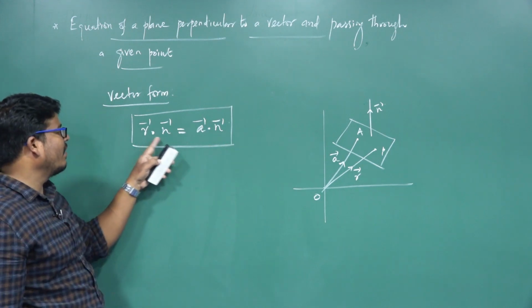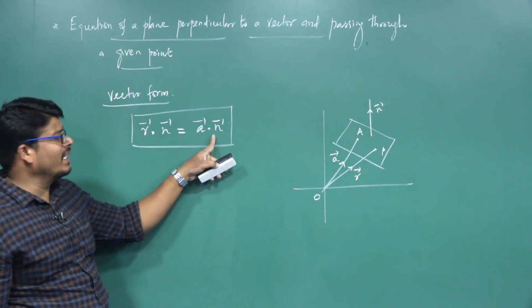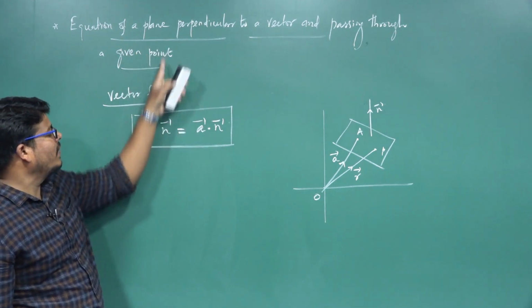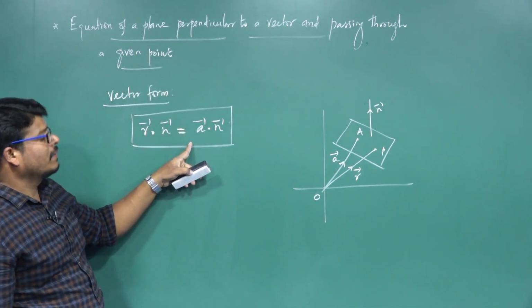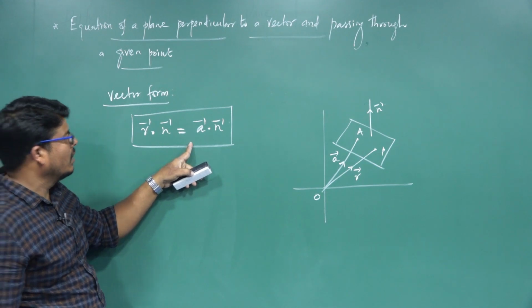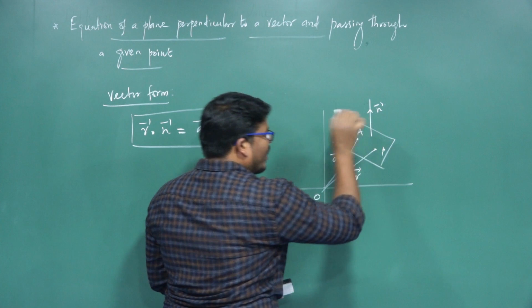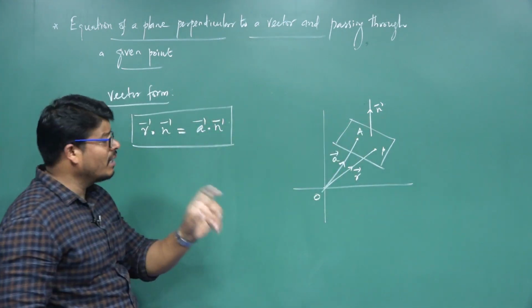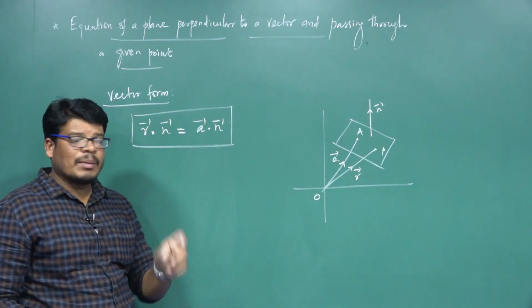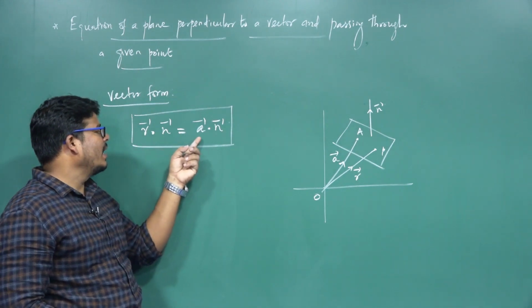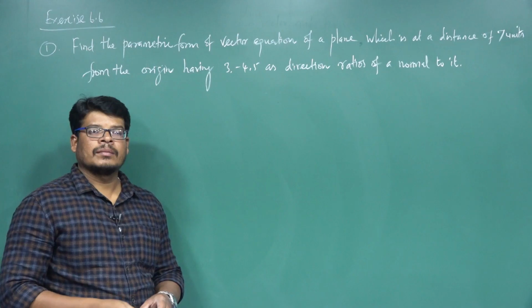What is given? One point and a perpendicular. The equation of a plane in vector form is r vector dot n vector equal to a vector dot n vector.